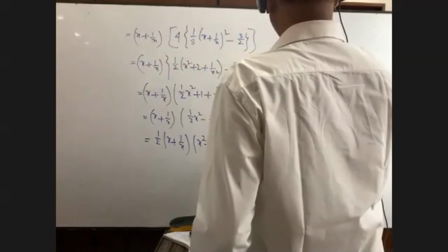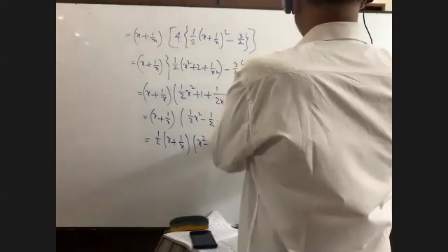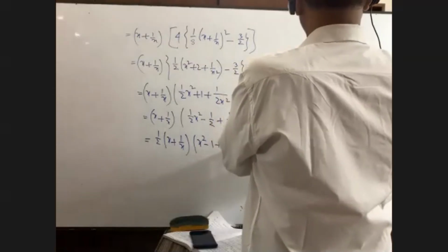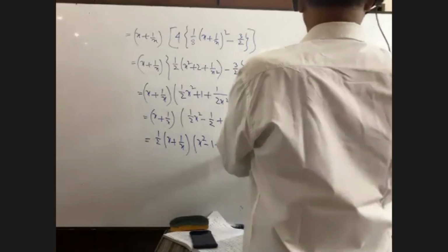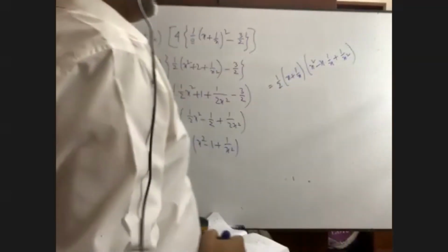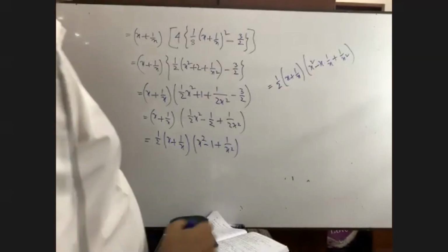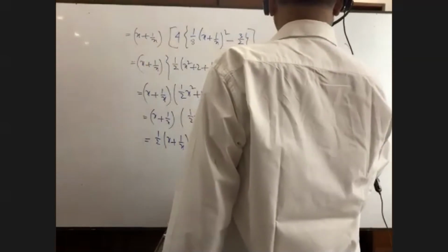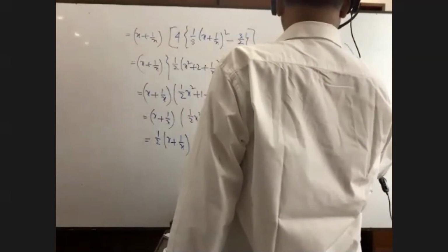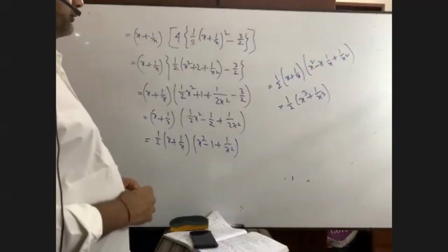It is half, x plus 1 by x, it is a square minus ab. Then we will get minus 1. That is the formula of a cube plus b cube, right? Yes, sir. A cube plus b cube equals the right hand side. So we have got our answer.